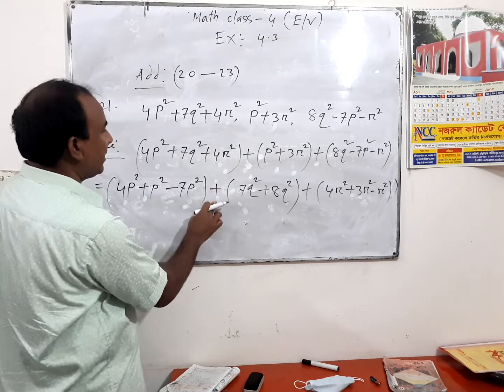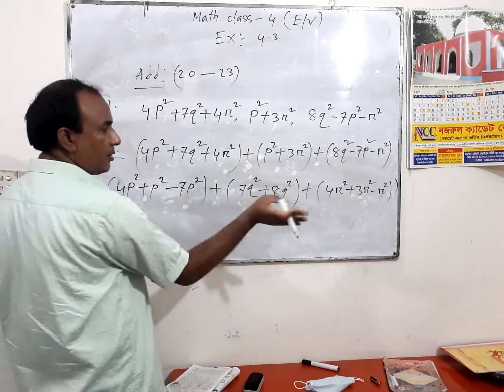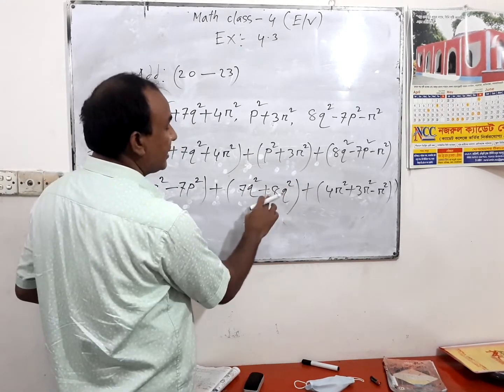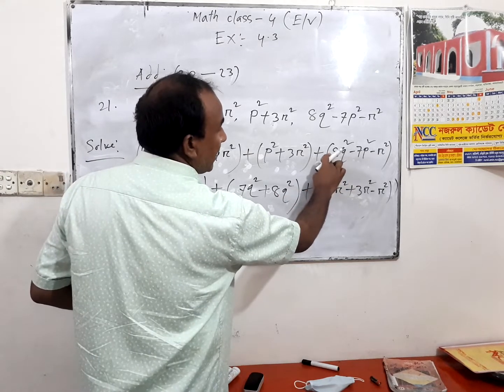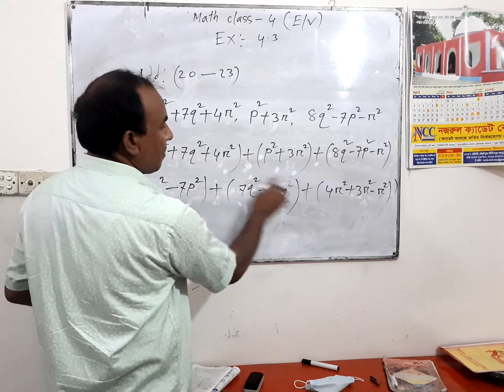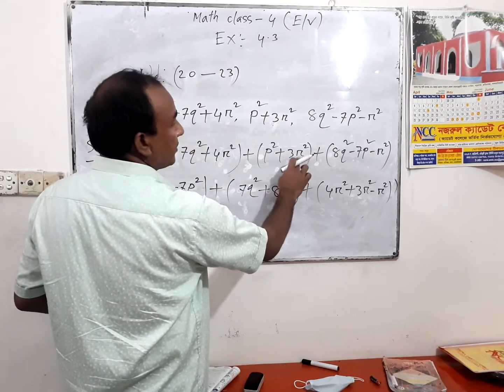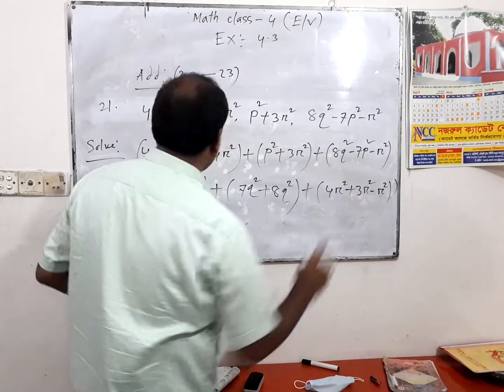Then the plus sign, and 7q square. Q is not available here, so we should not write anything. And from here plus 8q square, and the plus sign is there, 4r square plus 3r square minus r square.